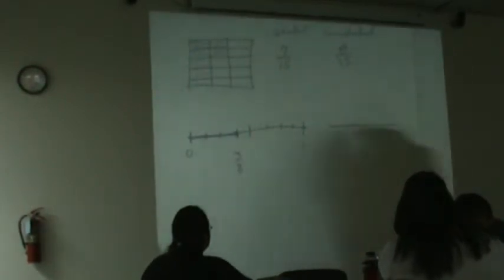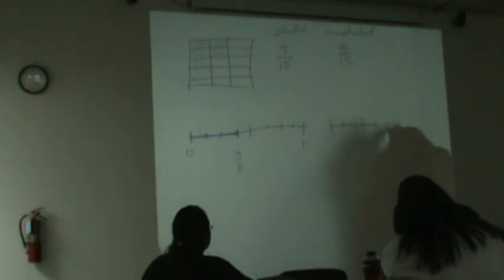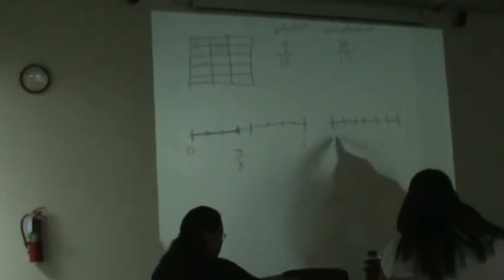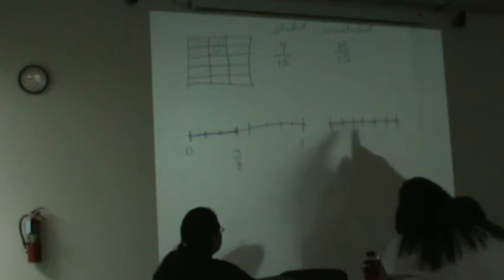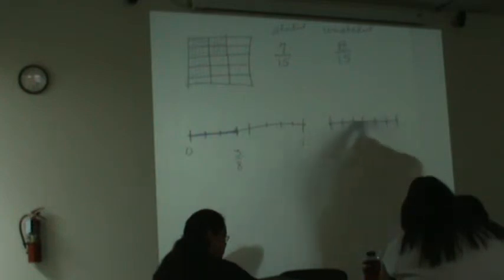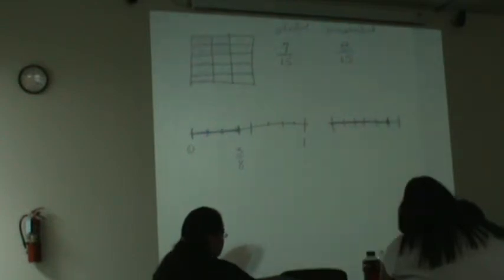What if it says right here, this has how many parts? 1, 2, 3, 4, 5, 6 parts. Let's say we had this much of it, up to here. How much is that? 5 out of 6 parts. 5/6 of it, right?